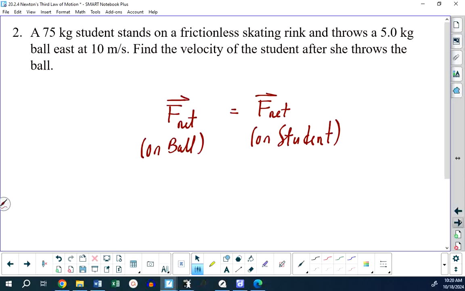Right, these forces are in different directions. And sometimes in this course, in this unit, we can go ahead and say one force equals another. But more often than not, what we have to say is the magnitudes of the two forces are equal. And what that means is the mass of the ball times the acceleration of the ball.